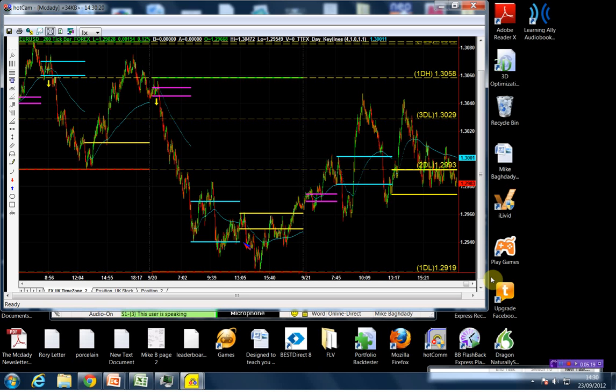So we will only short it when it takes out this low, which is the 129.19.